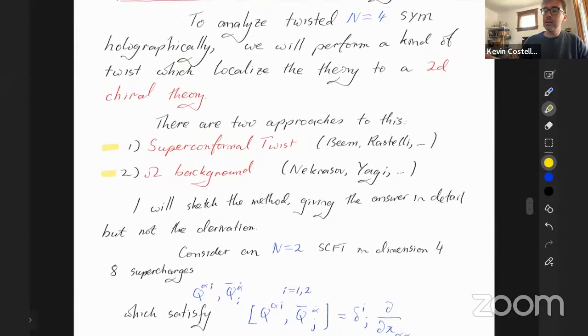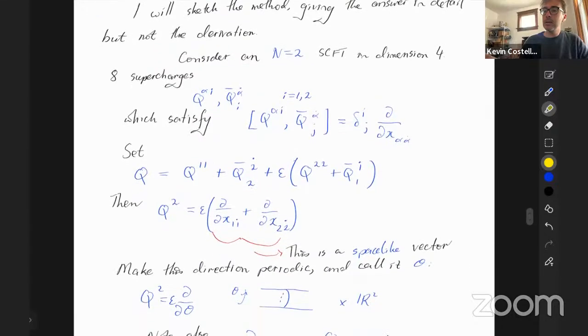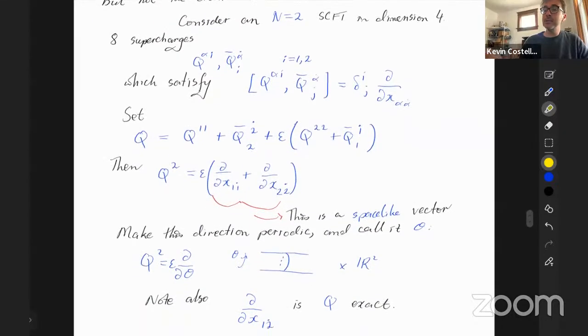So let's take an N equals 2 theory in dimension 4.